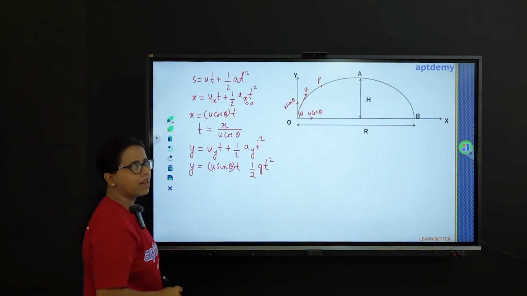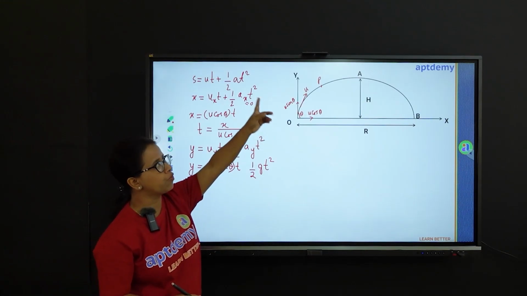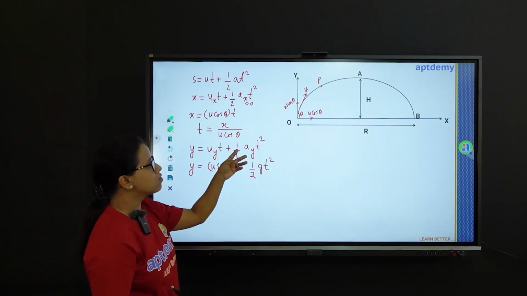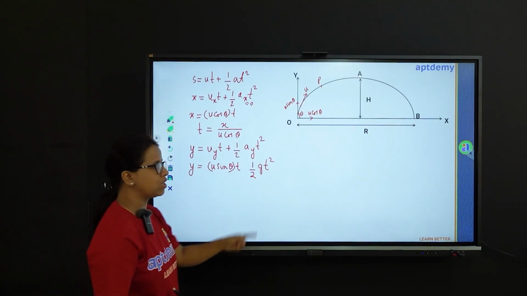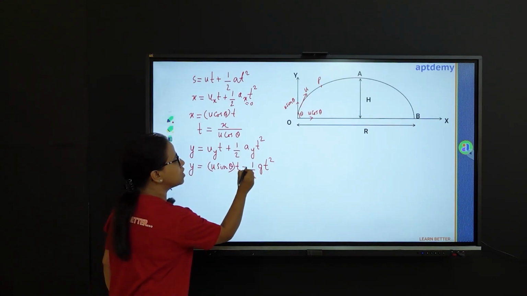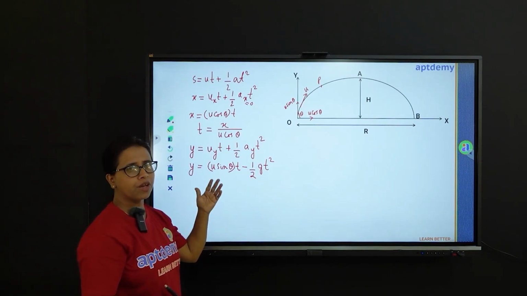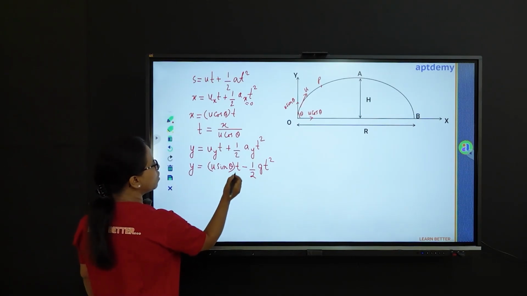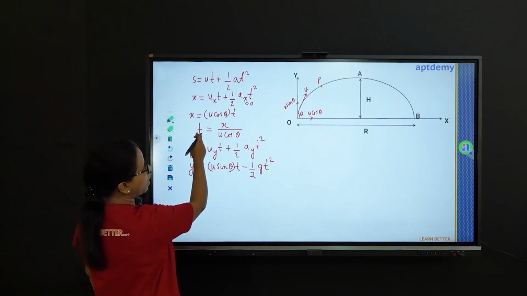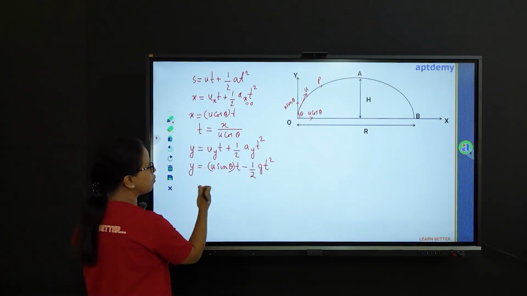Now what will be the sign here? As the particle is moving upward against gravity, ay is not plus g, it is in fact minus g, because the particle is trying to move against the effect of gravity. So we can put the value of t from this particular equation into it.